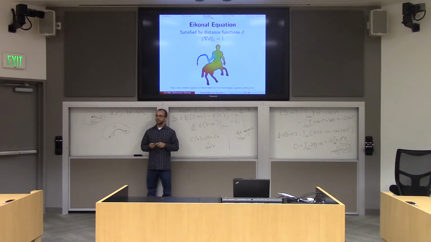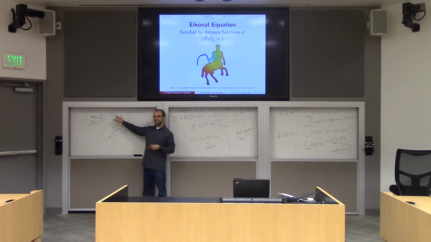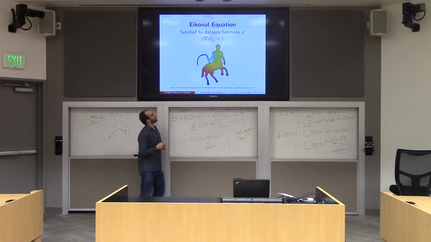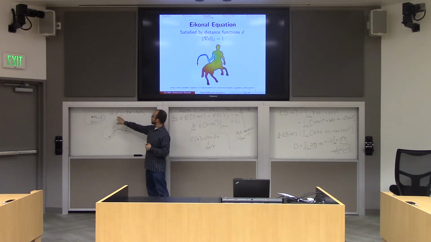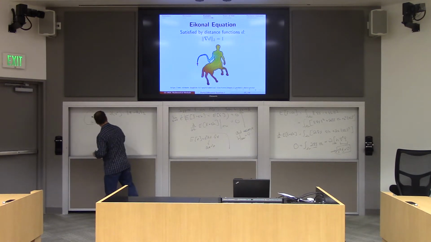So an interesting PDE question is, can I come up with a relationship between the derivatives of a function d locally that can help me figure out what this function is globally? And the answer actually is yes, and that's the eikonal equation. Now, one reasonable thing you could do would be to ask, what is the derivative of d? So let's do that for this simple function d.